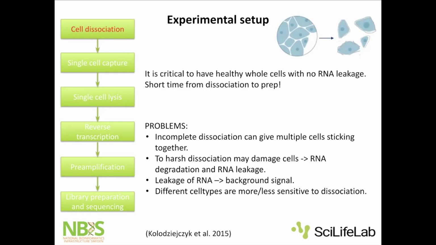You also need to be aware that different cell types will dissociate more easily than others. Some will break in the dissociation, so you will also have a biased composition of cell types compared to what is actually there in the full tissue.